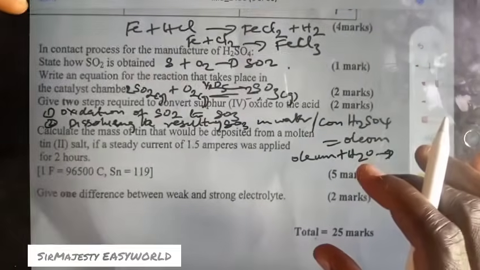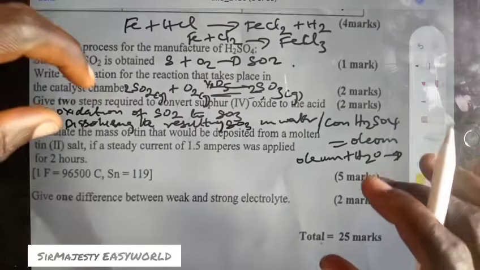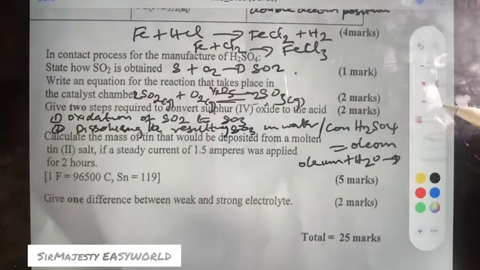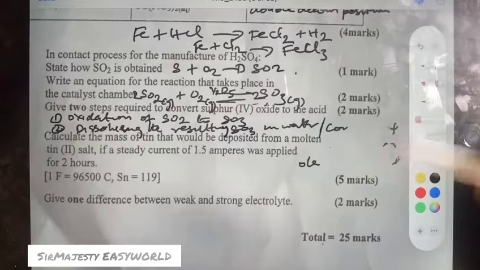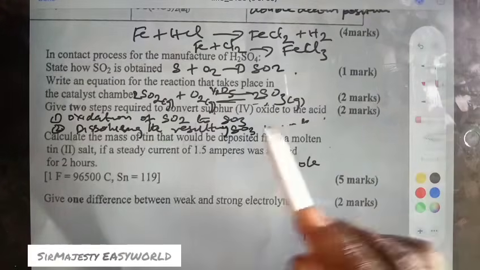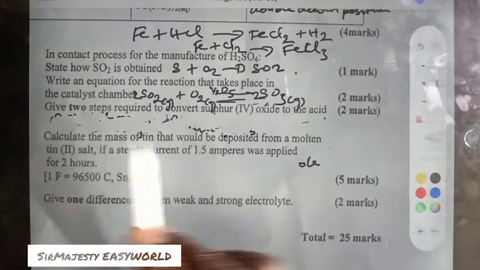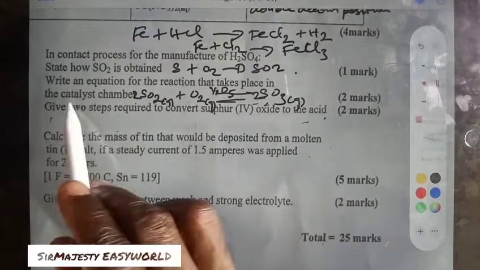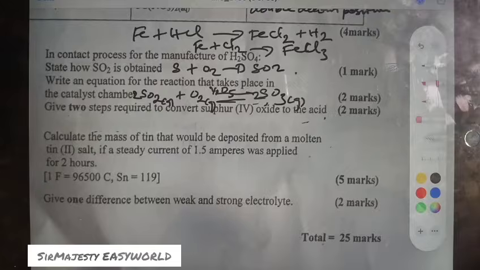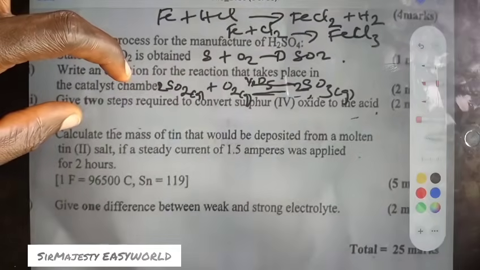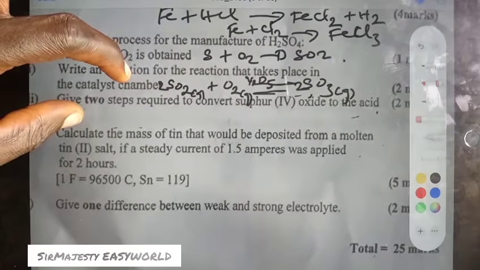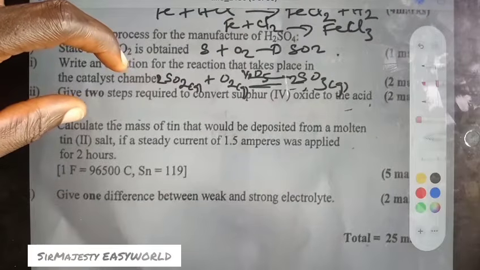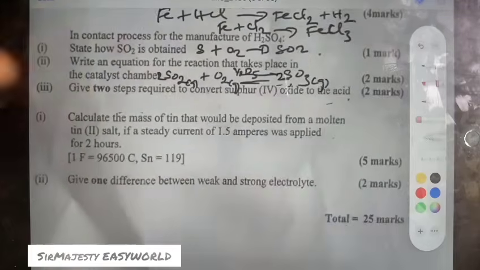So that's it. Then the next one says calculate the mass of tin that would be deposited from molten tin salt if a steady current of 1.5 amperes was supplied for 2 hours.